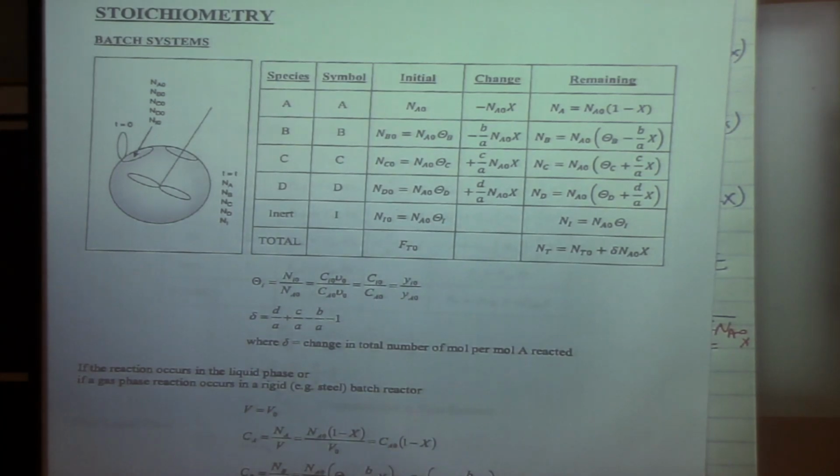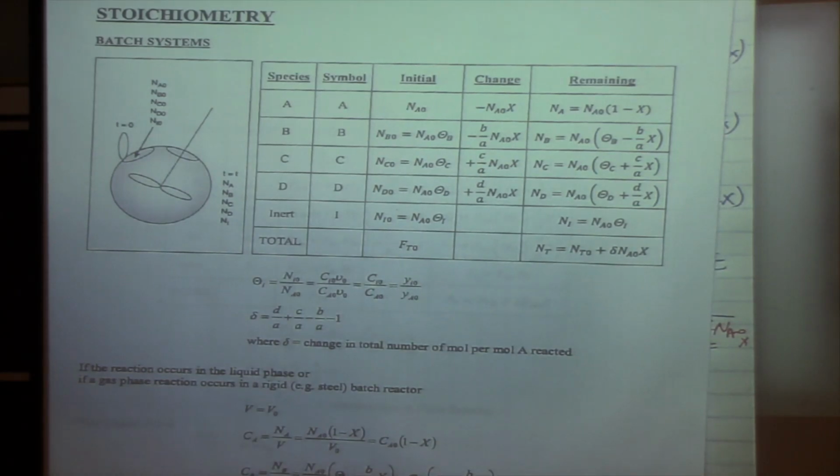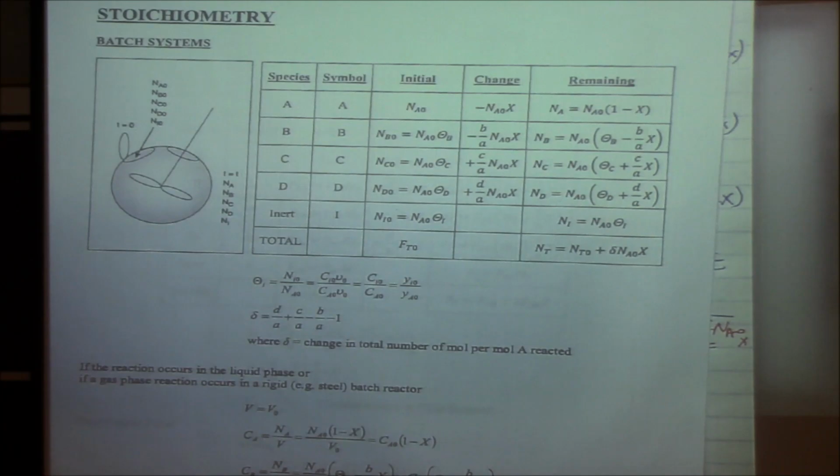When is that? When the number of moles of the reactants and products are the same. Ideally, each mole has 22 point, how much? 4? I forgot from chemistry. So if you have the same number of molecules from the products and reactants, there won't be any volume change, which makes your life much easier as opposed to when you have a volume change.